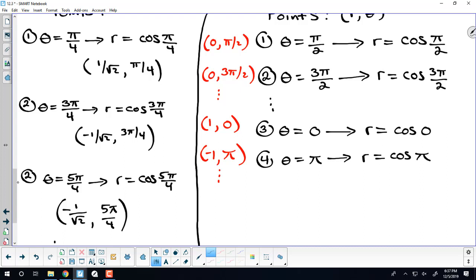How about negative 1 over root 2, 5 pi over 4? Negative 1 over root 2, and then 5 pi over 4 puts me here. So that's the same point. Knowing that we're dealing with a circle and we have 2 distinct points, that's really all we need. You don't need to keep going, because all of the other points that you write out are just going to be these 2 points in a different form.